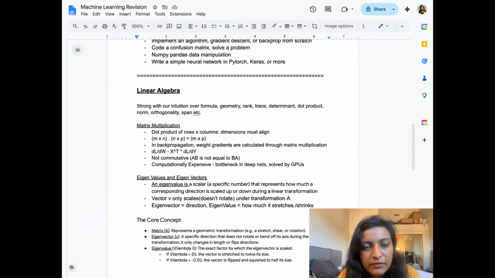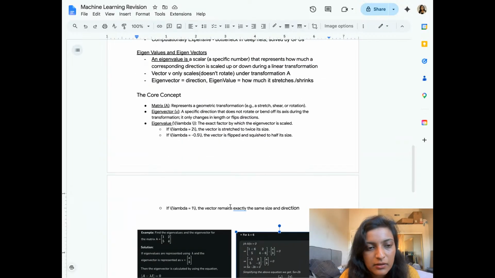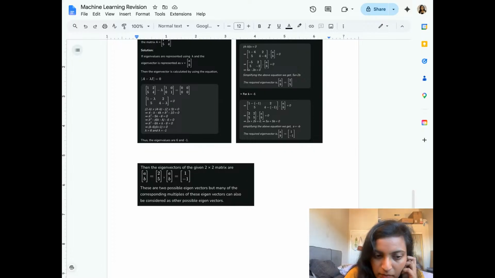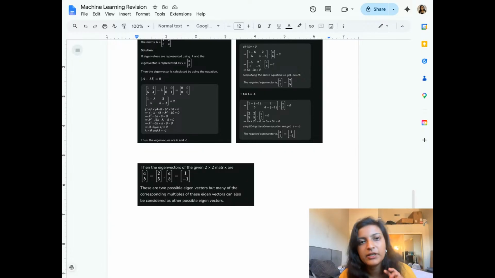So apart from this, there is something called eigenvalue decomposition.